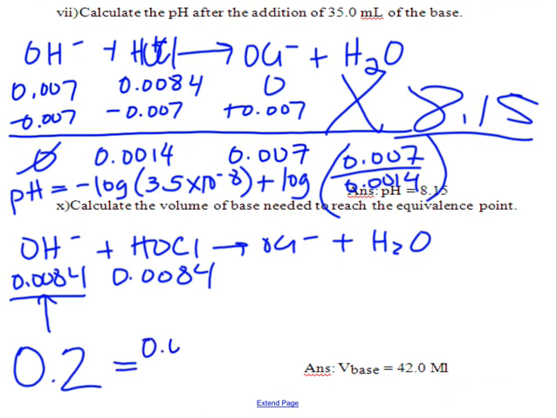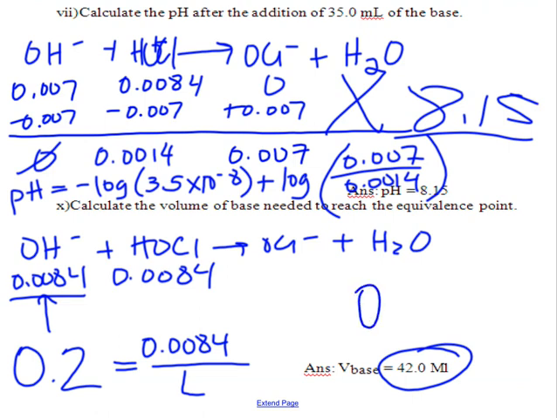When you divide 0.0084 by 0.2, we get 0.042 liters. We convert that to mL, so that's 42 mL.